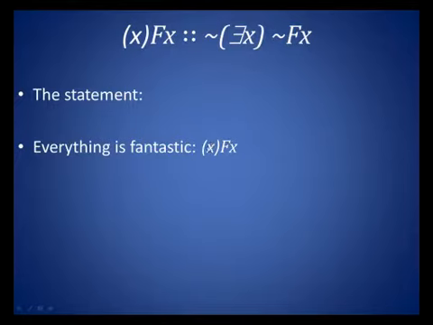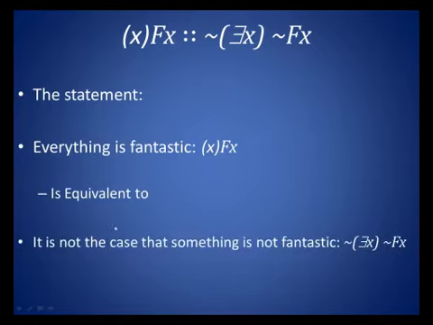This is saying for all x, if x exists, then Fx is fantastic, right? Everything is fantastic. For all x, x is fantastic. This statement says it is not the case that something is not fantastic, right? It's not the case that there exists an x such that x is not fantastic.